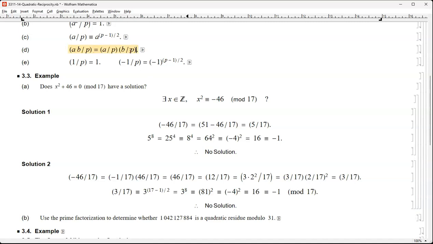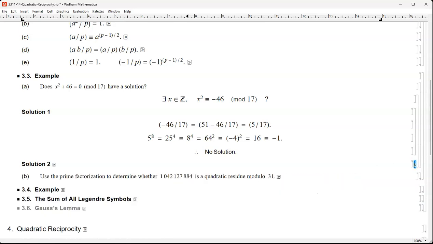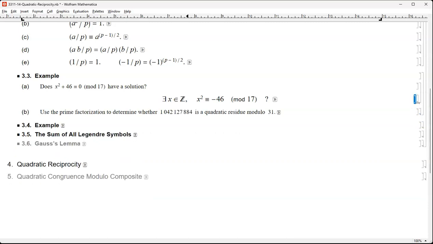This decomposition is quite useful, but I didn't use it in my solution. I came here directly, but in the textbook solution, this 12 decomposed into 3 times 2 squared, so that we get this reduction. And I want to show you an example where you have to do it that way.